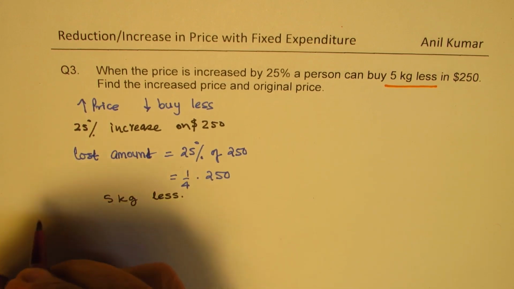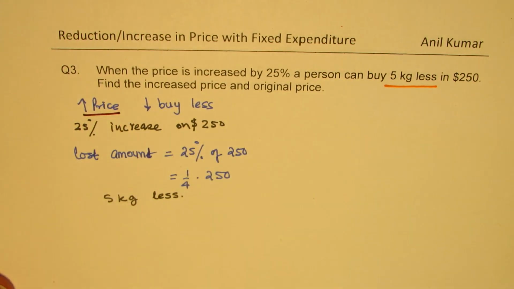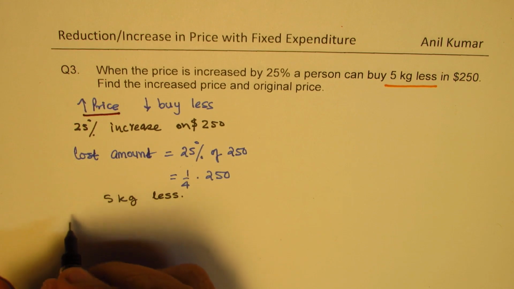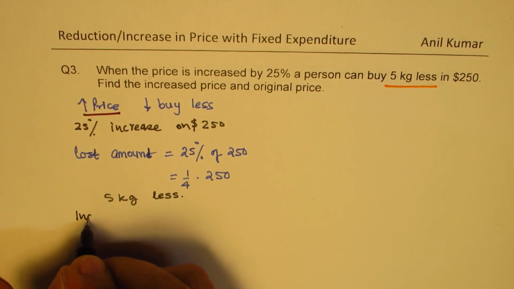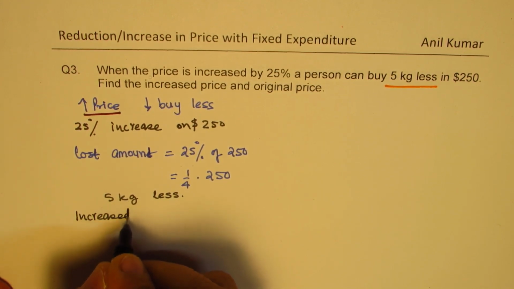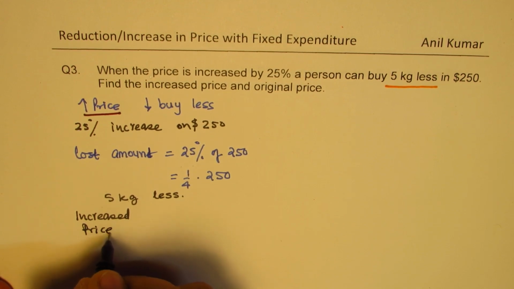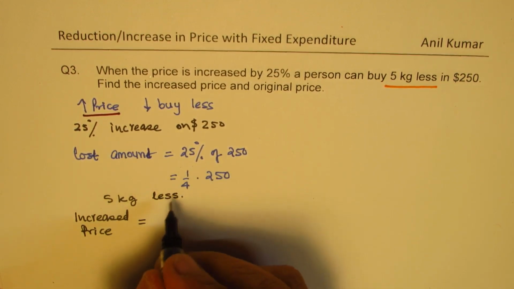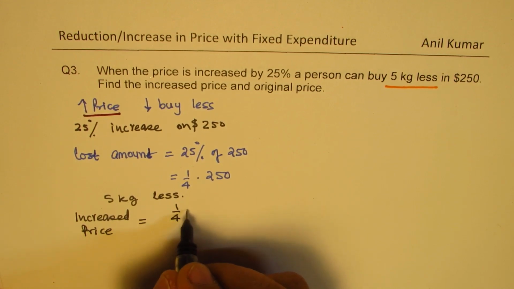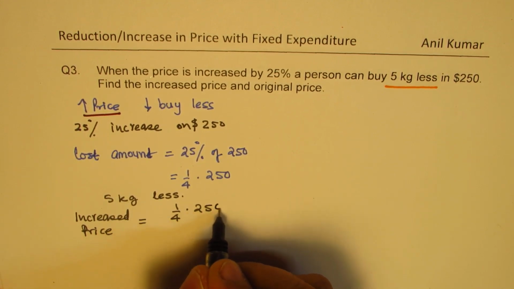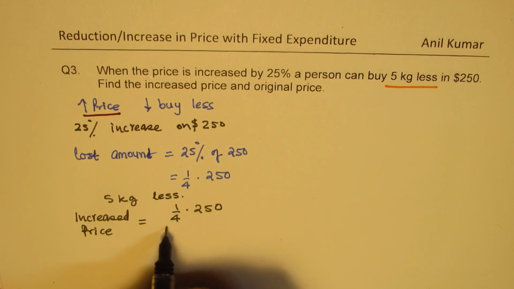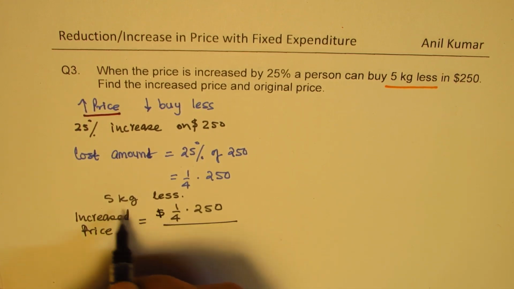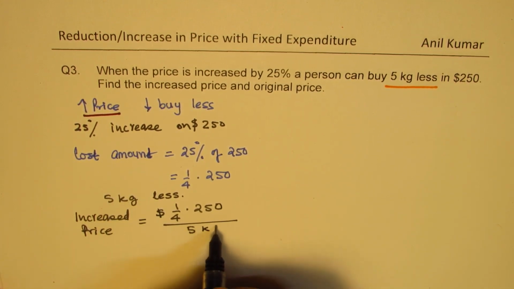So the increased price is how much? We can now find it from here: this is the dollar value, 1/4 of 250, and we are going to divide this dollar value by 5 kg.